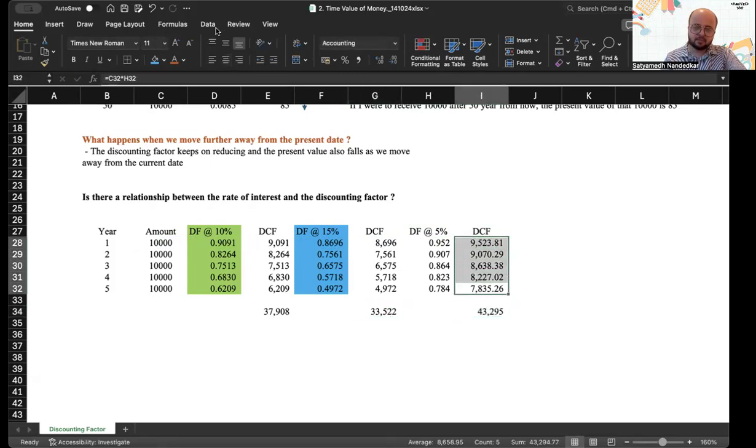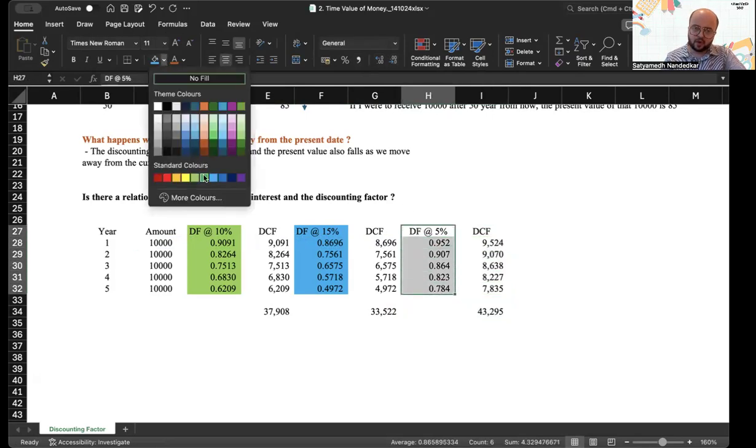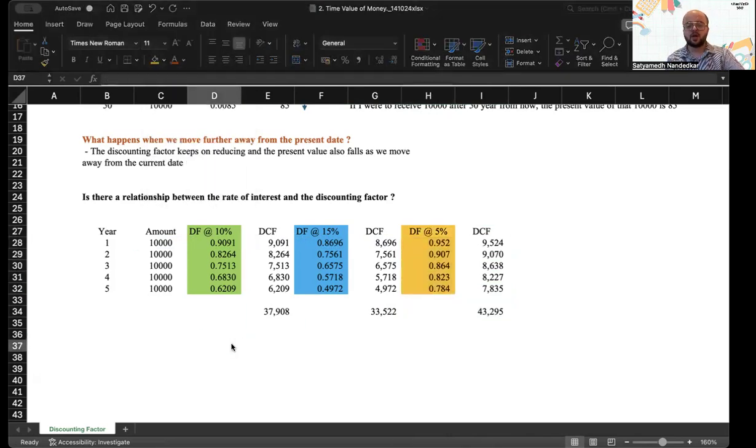Now, as I populate all the columns, observe what is happening. There are 3 different columns for the discounting rate. I want you to observe all the 3 columns. Now, as the interest rate rises, see, as it went from 10% to 15%, you see the discounting factor is getting lesser and lesser. For the first year, it was 0.9091.